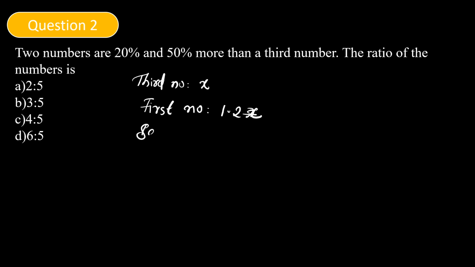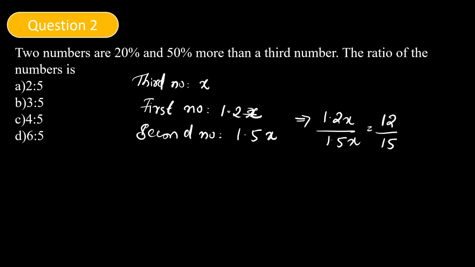And the second number is 50% more than the third number, that is 1.5x. So the ratio of the first number to the second number is 1.2x divided by 1.5x, that is 12 by 15, which is equal to 4:5. Option C.